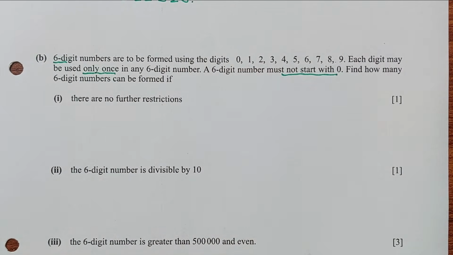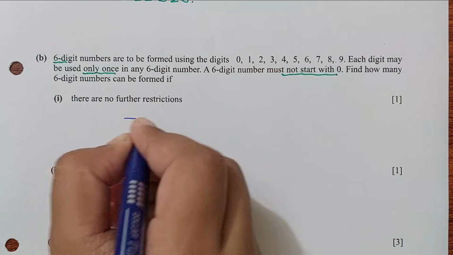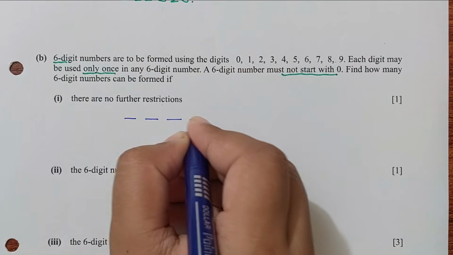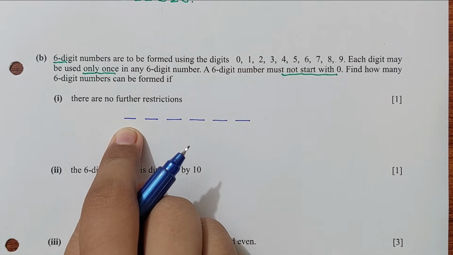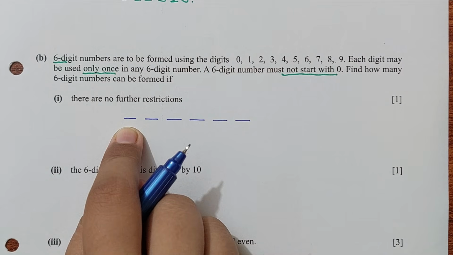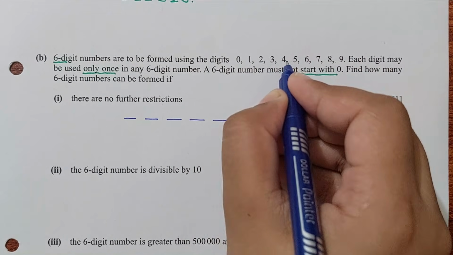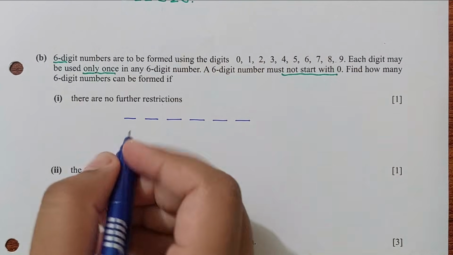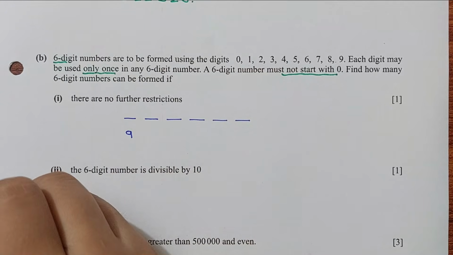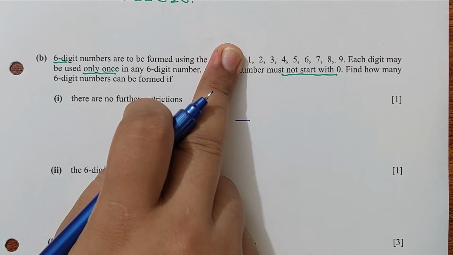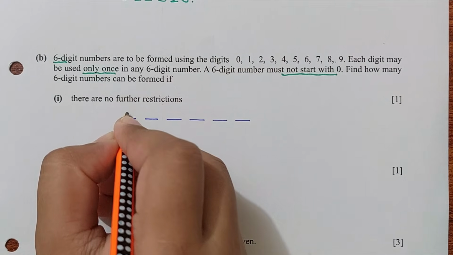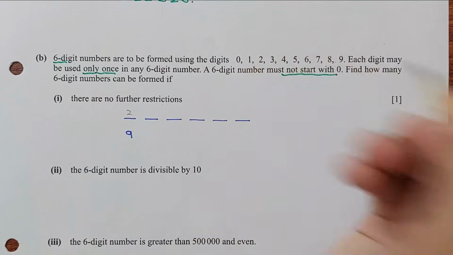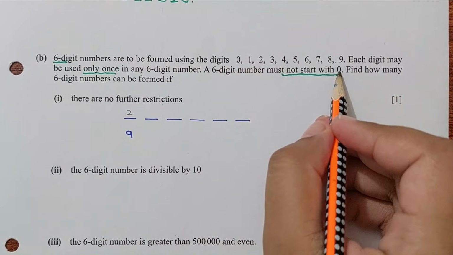So it is a 6-digit number, with six places. It is not starting with 0, so how many options for the first digit? We have 1, 2, 3, 4, 5, 6, 7, 8, 9. We have 9 options for the first digit other than 0. Now if I use 2 here, how many options are left for the second?